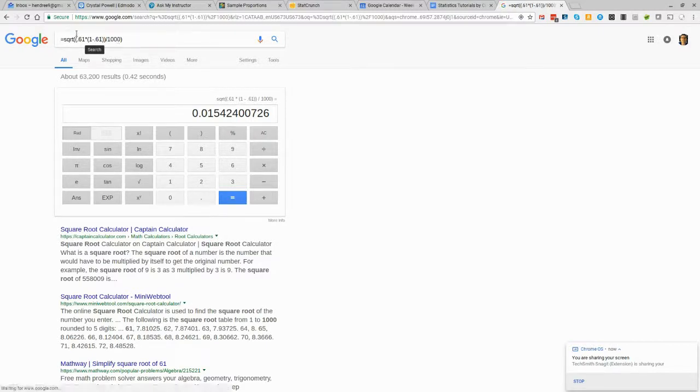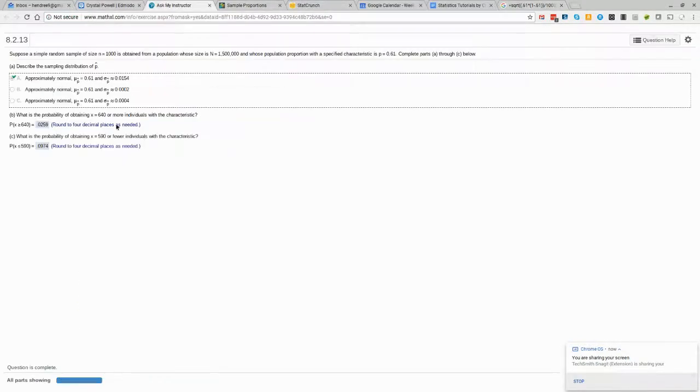That's the sample size. And then we take the square root of the whole thing. And we get that the standard deviation is about 1.5%. And we just plug that, let's just take that over here. It looks like this is the right one.